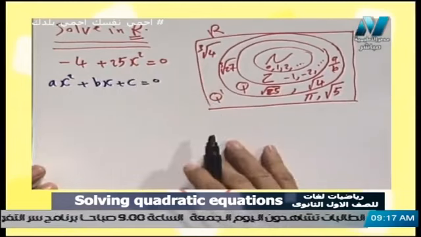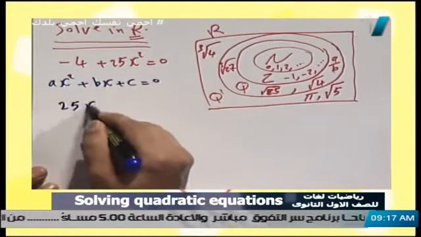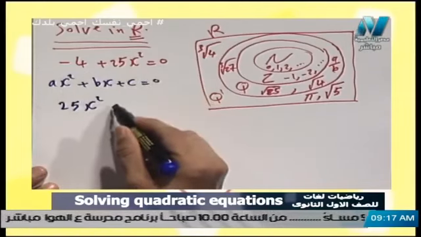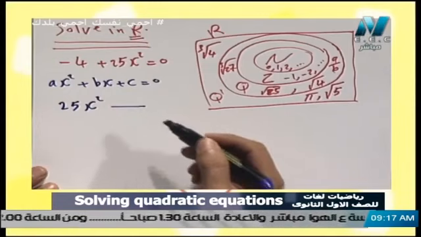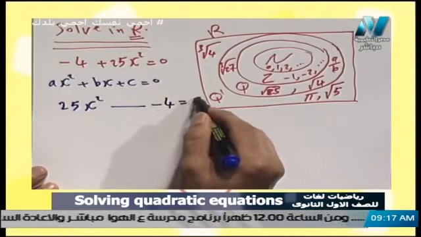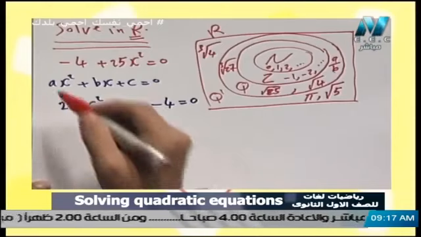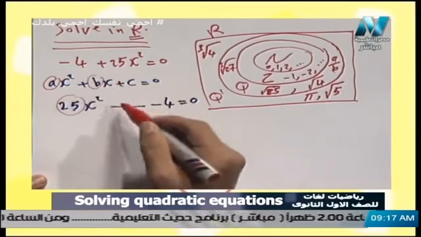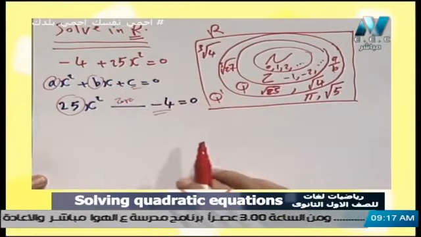But when we put it in this form, we have 25x power 2, and we haven't x here, so the coefficient of x equals 0, and we have -4, which is c. By comparing, a is 25, b is 0, and c is -4.